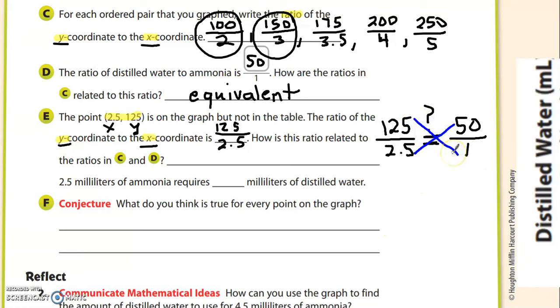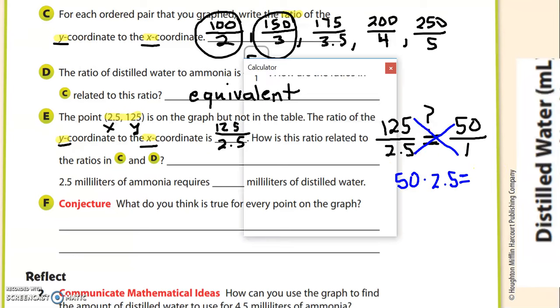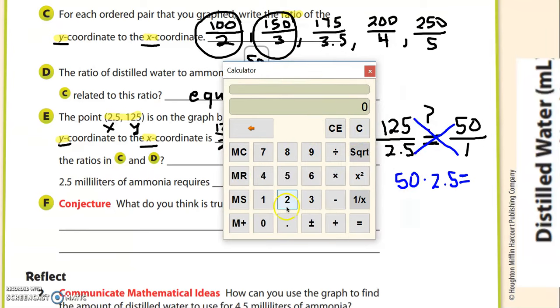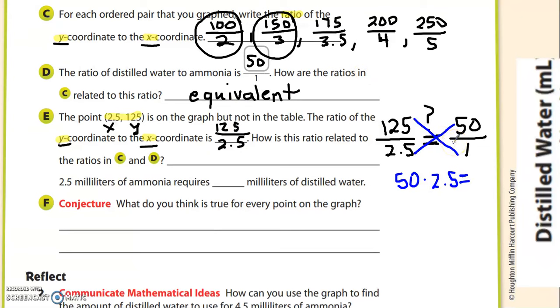This direction is obviously 125. 125 times 1 is 125. Is 50 times 2.5 equal to 125? Really easy to check with a calculator. 2.5 times 50 is 125. We already proved that 125 times 1 is 125. So what does that mean? It means that it too is equivalent to all the other ones.